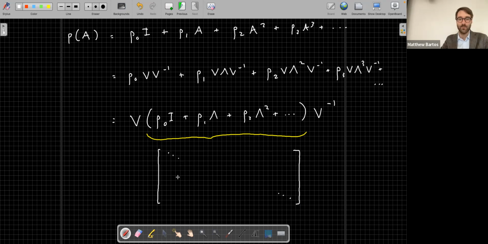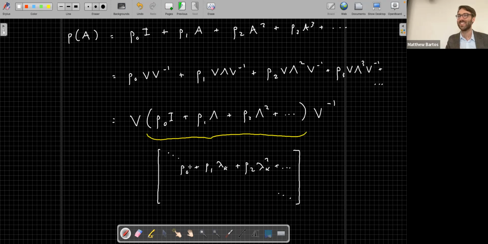Yeah, so if you have just an arbitrary entry of this, let's say it's the kth entry, we'll have P0 plus P1 lambda k plus P2, and so on. Okay, and what is this?